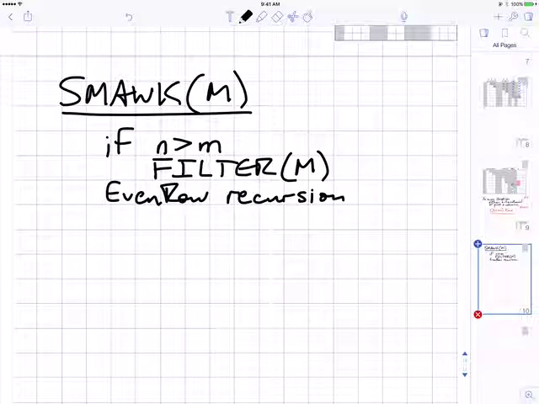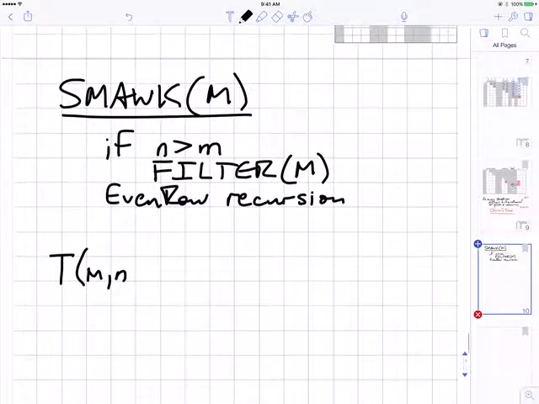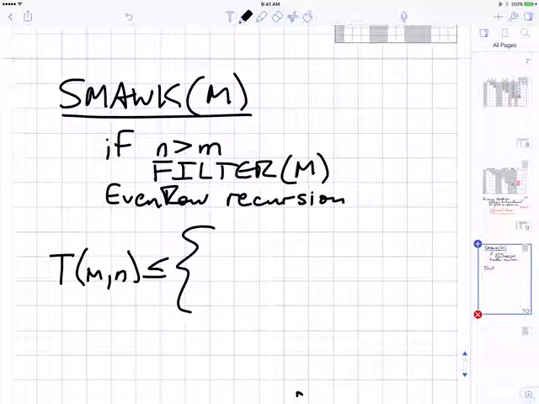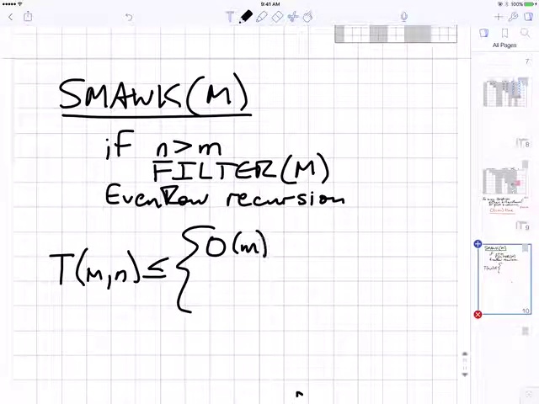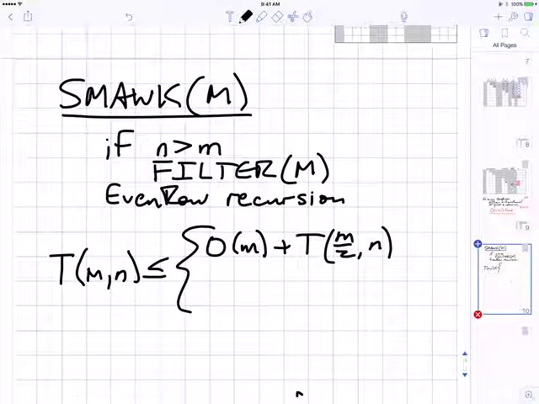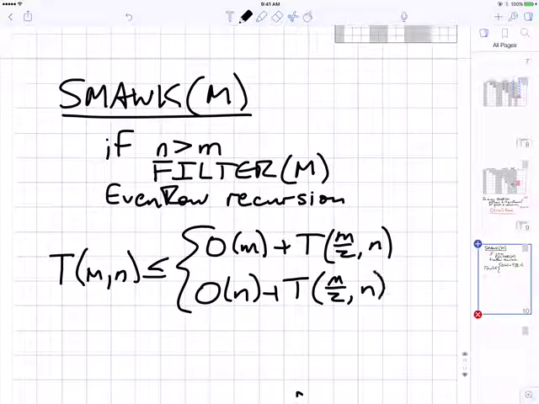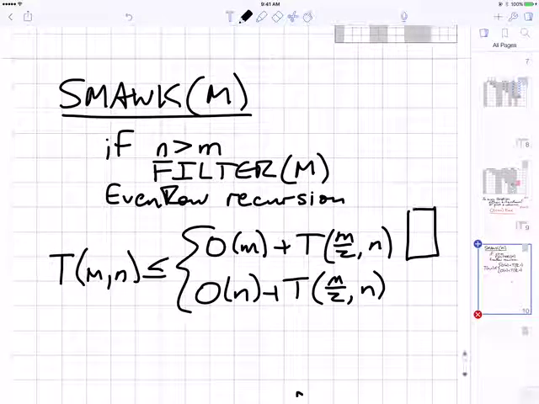And now the running time recurrence for this turns out to be one of two things. This is m over 2 by n if the array is tall, meaning m is bigger than n.